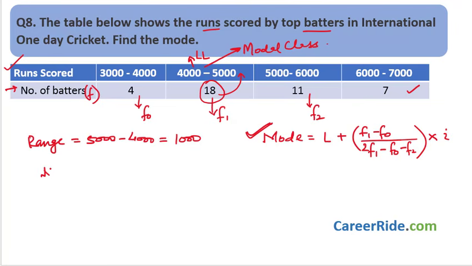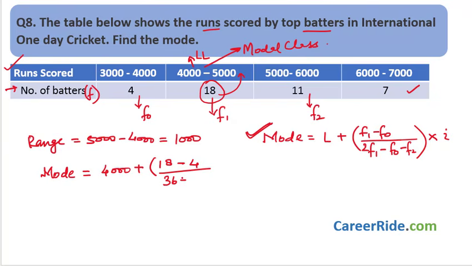Mode is equal to the lower limit, which we have seen is 4000. It is just about placing the values now. F1's value is 18 minus, what is the frequency of the class previous to the modal class? That is 4. So minus 4, divided by twice of F1, so 18 twos are 36, minus F0.